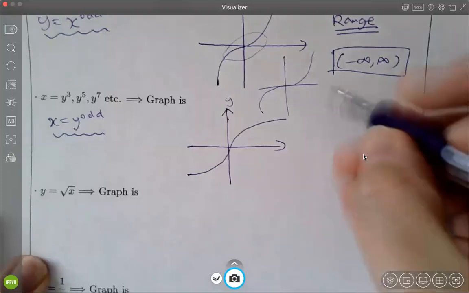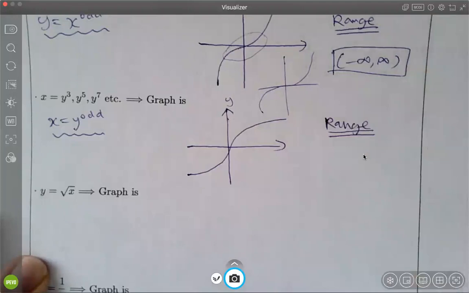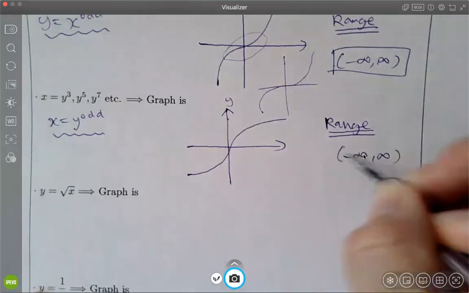What is the range in this case? Same thing as before, right? Yes. Okay, negative infinity, comma infinity.